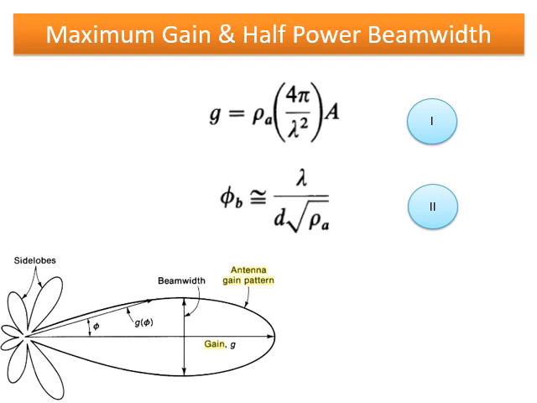This is how the EM wave is given to that antenna via the transmission line.